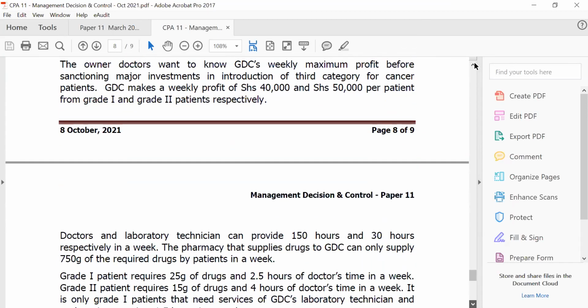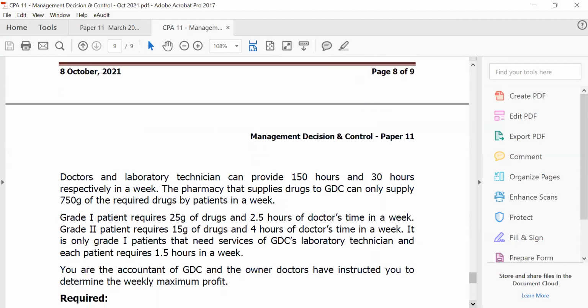The next thing we're going to do is look at this other information. They have told us that doctors and laboratory technicians can provide 150 hours and 30 hours respectively in a week. The pharmacy that supplies drugs to GDC can only supply 7,650 drugs of the required drugs by the patients.